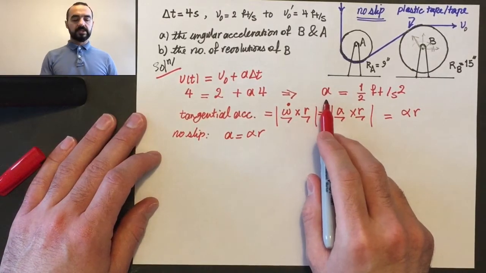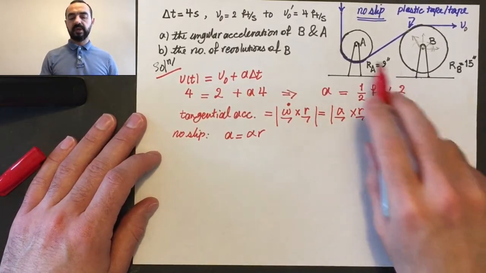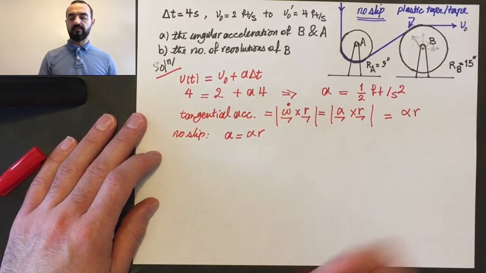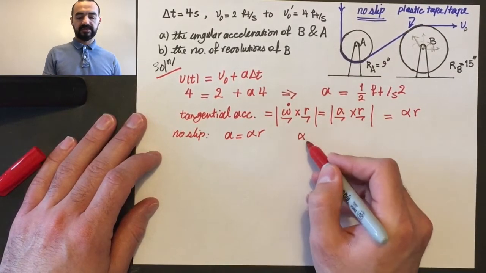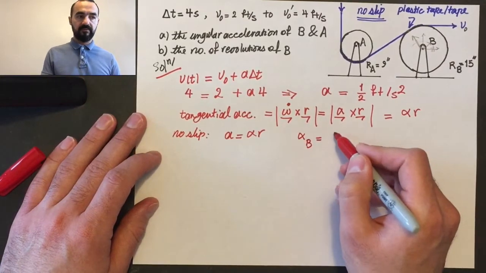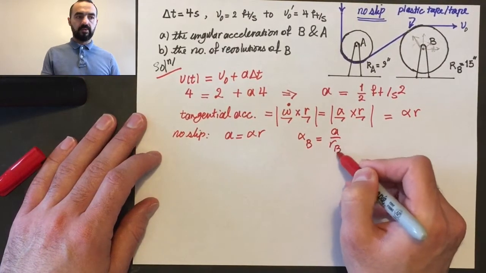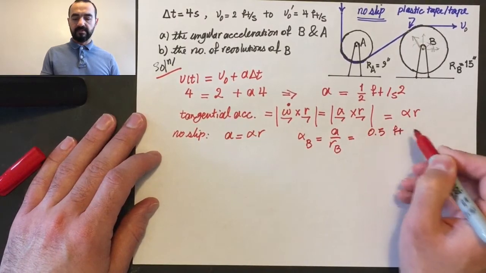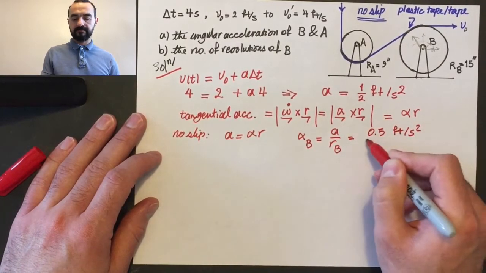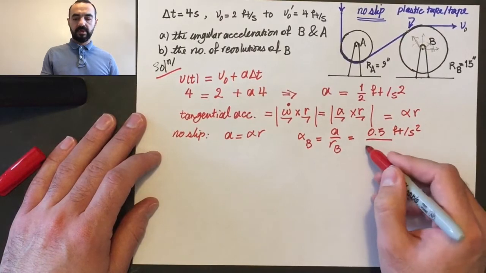All right. So this is all we need, because we have A, we have R for both A and B. So all we need to do is, for example, for B, we have alpha B equals A over RB. This was 0.5 feet per second squared.